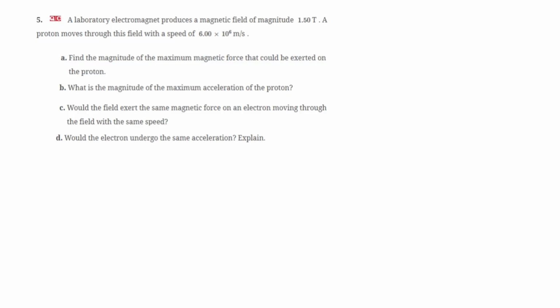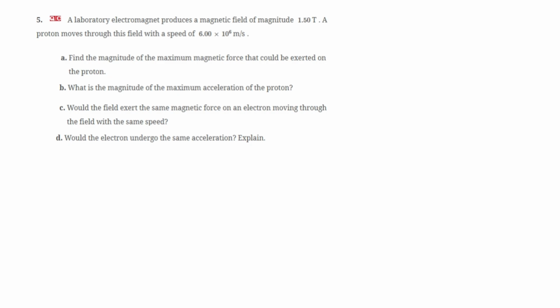In the next exercise, they say that a laboratory electromagnet produces a magnetic field of magnitude 1.15 Tesla. A proton moves in this field with a speed of 6 times 10 to the 6 meters per second.